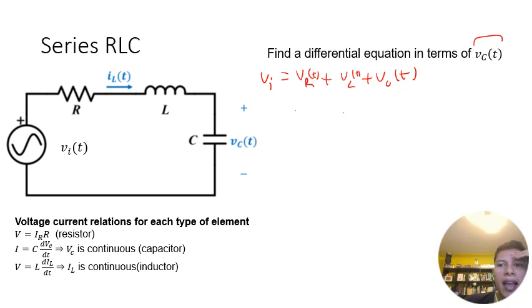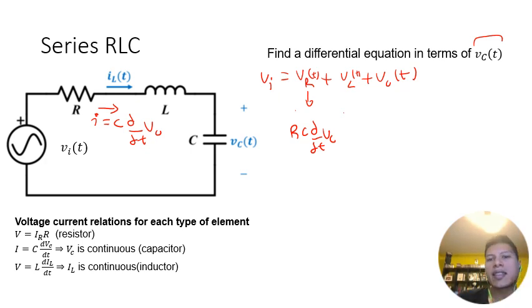Now we know that the current flowing through the circuit, I, is equal to C d/dt of Vc. So we can rewrite the resistor term as R times C d/dt Vc, since the resistance times the current is the voltage drop across the resistor.